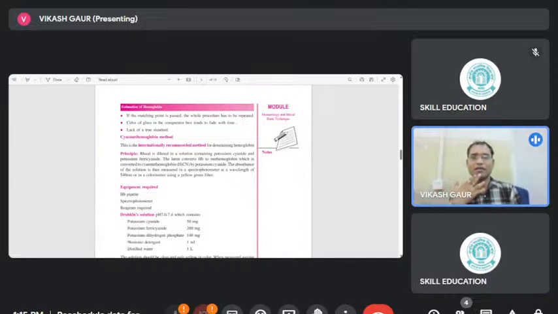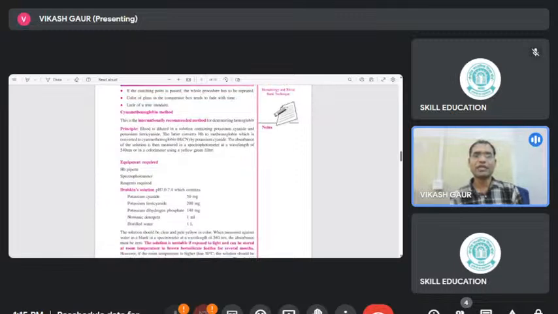The color of glass in the comparator box tends to fade with time, so if we are using an old hemoglobinometer, it is difficult to read properly, and lack of true standards means standards cannot be applied, so we take the reading without the use of a standard.